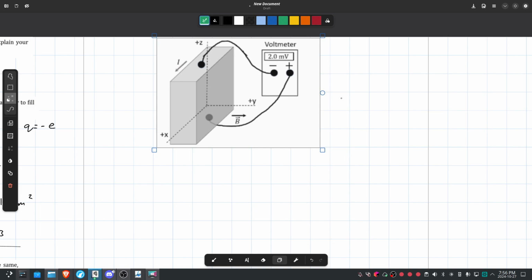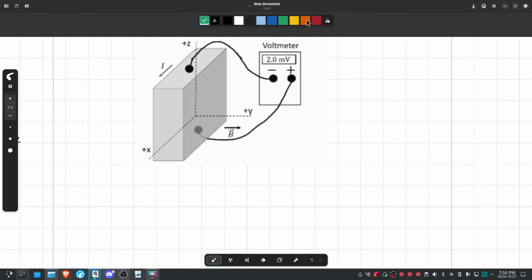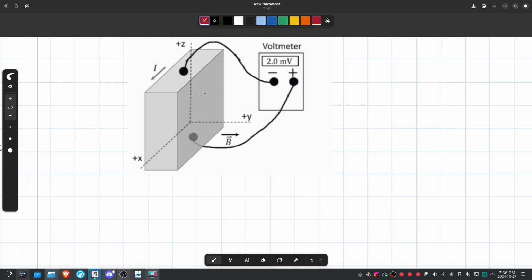All right. Here's your current. Your current's flowing this way. Your field's flowing outwards here. And that means that your force is going up here. If you test this for both positive holes and negative electrons, they're going to both be going the same way. They're both going up, right?